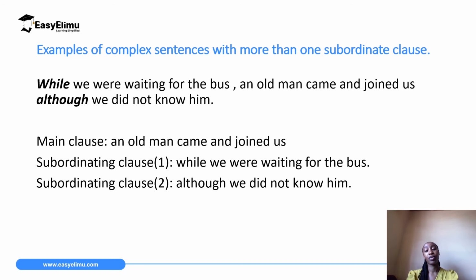So, while we were waiting for the bus, that is the first subordinate clause. An old man came and joined us, that is the main clause. Although we did not know him, that is the second subordinate clause.